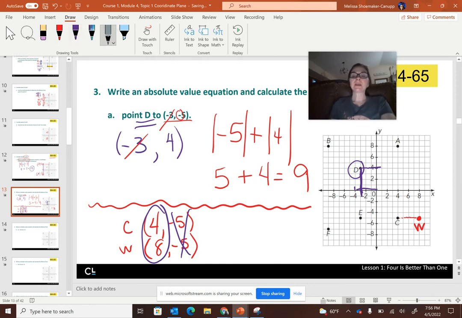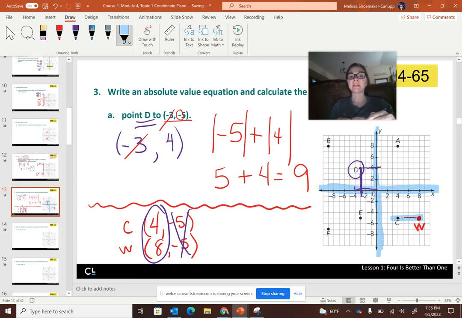So when I look at where C and W are located, they are on the same side of the axis. Okay. This is the Y axis, up and down. The x-axis is left and right. These 2 points, to connect them, are not crossing over one of those axes.